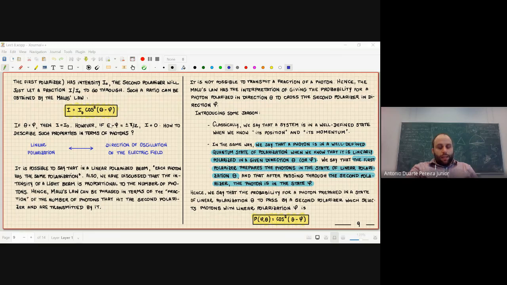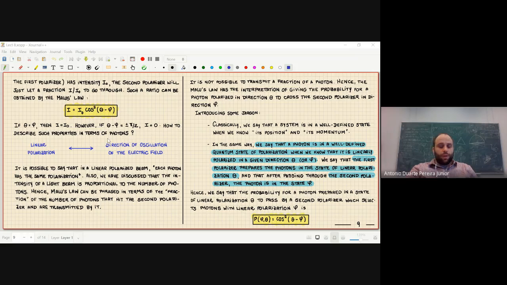So this equation, if you think about photons, can be interpreted as follows. If I take I naught to the other side and write I divided by I naught, this is the fraction of photons that pass through the two polarizers.